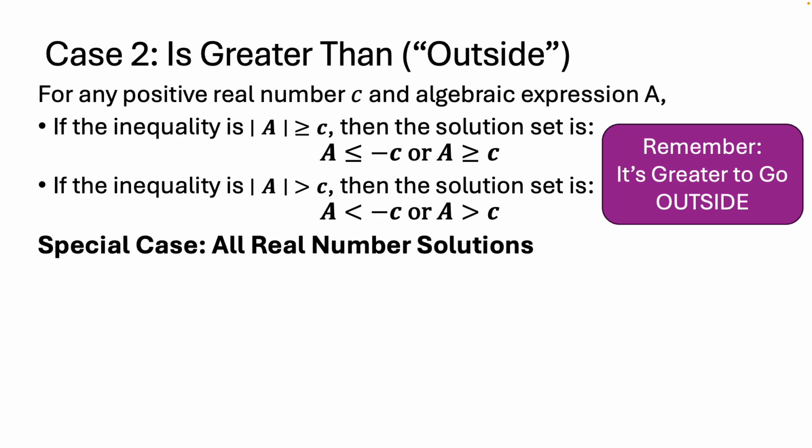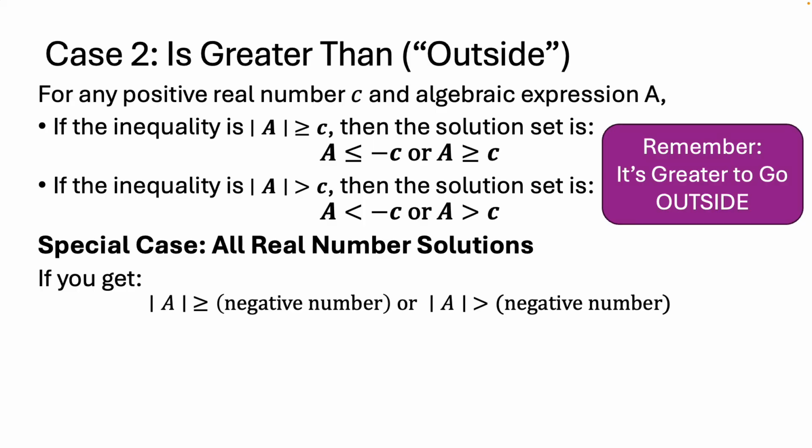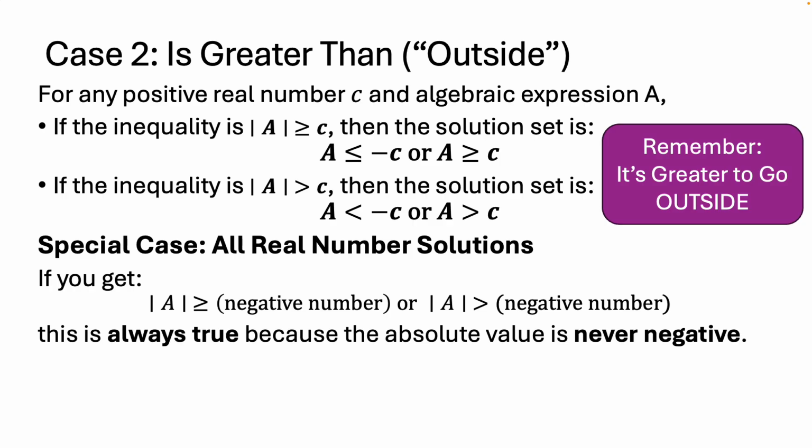There is a special case for these types of inequalities as well. You may run into a case where the solution set is actually all real numbers. If you get that the absolute value of the algebraic expression A is greater than or equal to a negative number, or the absolute value of an algebraic expression A is greater than a negative number, this is always true because the absolute value is never negative.